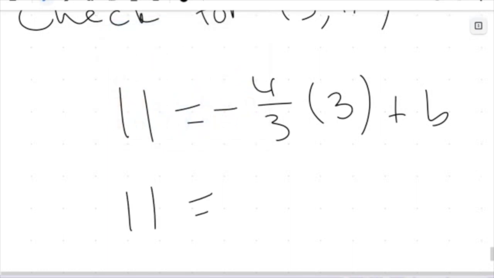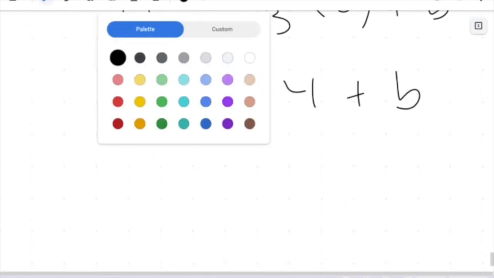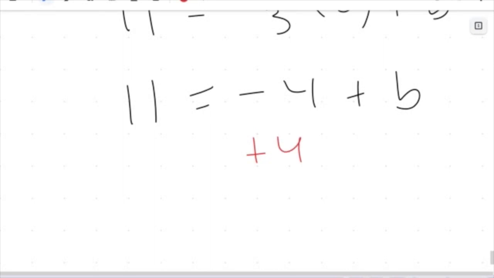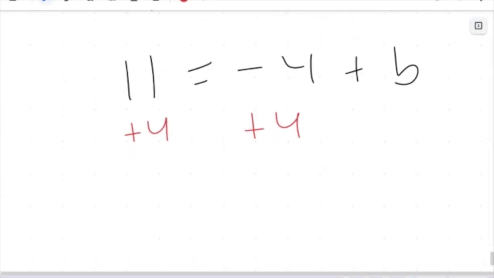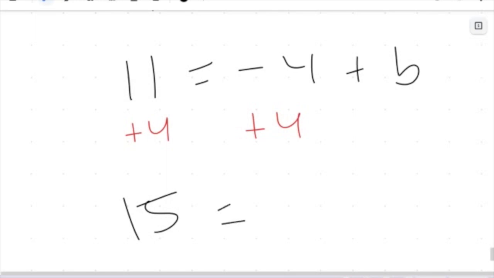When I multiply negative 4 over 3 by 3, I get negative 4 plus b. And then solving the equation, I'm adding 4 to both sides, which leaves me with a y-intercept, or a b, of 15.